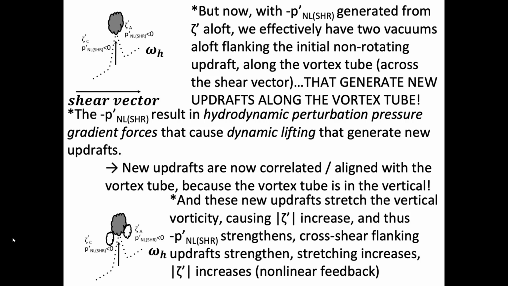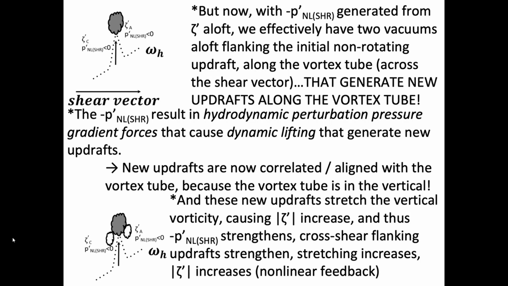So these new updrafts, again, cross shear flanking updrafts, one to the south, one to the north, across the shear vector, these are now correlated or lie along the upward vorticity or the vertical vorticity that was tilted into the vertical. And what they're going to do is they're going to induce stretching of that vorticity. Think about it.